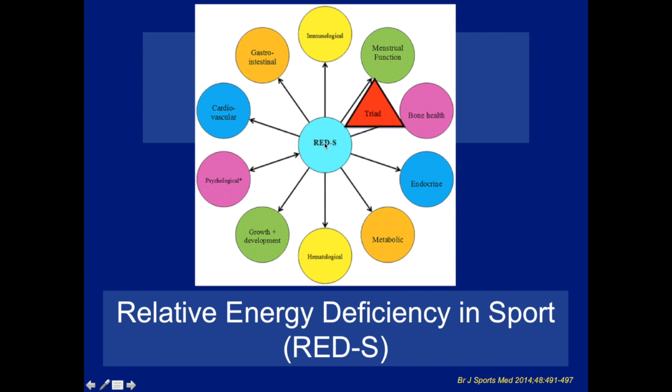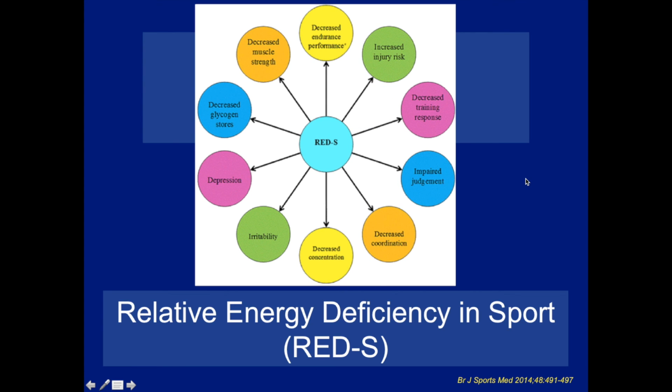And so here's REDs, and here was the old female athlete triad that was just menstrual dysfunction and bone health. We now realize it can do a lot more and affect all organ systems, and that it's not just with females, it's also with males. So any relative energy deficiency can cause these abnormalities. And these are some of the different parameters that it can injure.